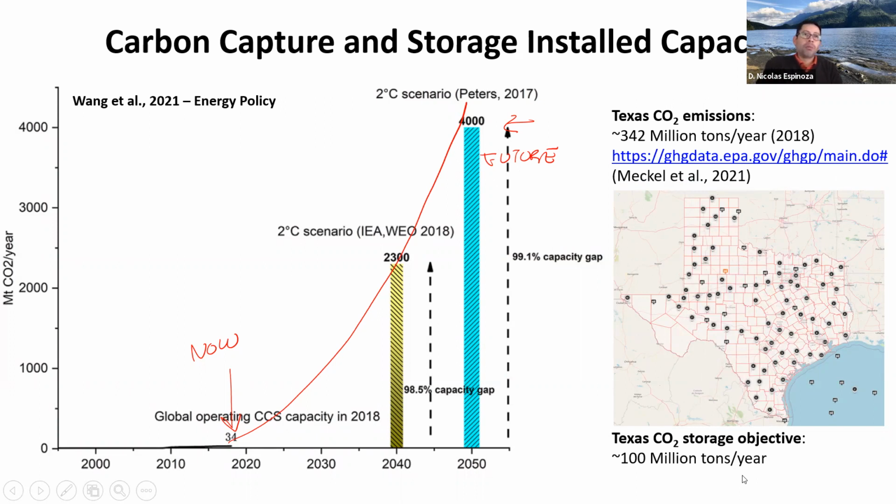And our objective would be that more or less in a couple of decades, we achieve 100 million tons per year. So that would be more or less the objective that we have for the future here in Texas. All right. So again, how do we go from here to there? And this is going to be the work that many of you probably are going to have to engage on.